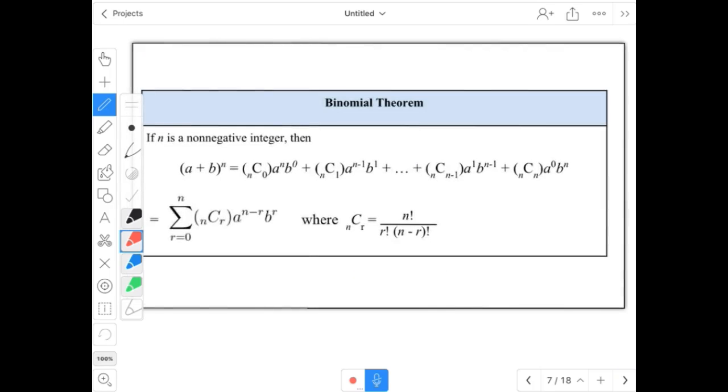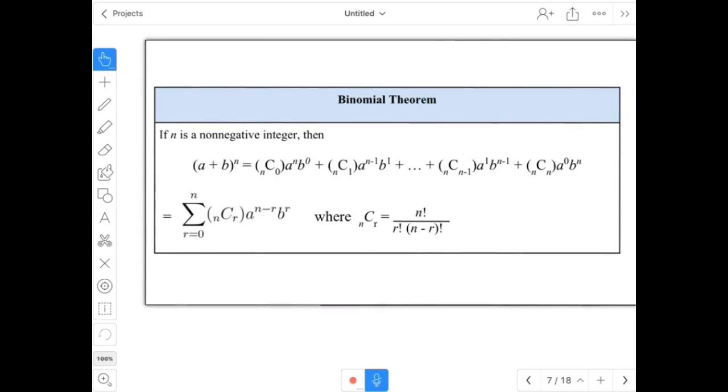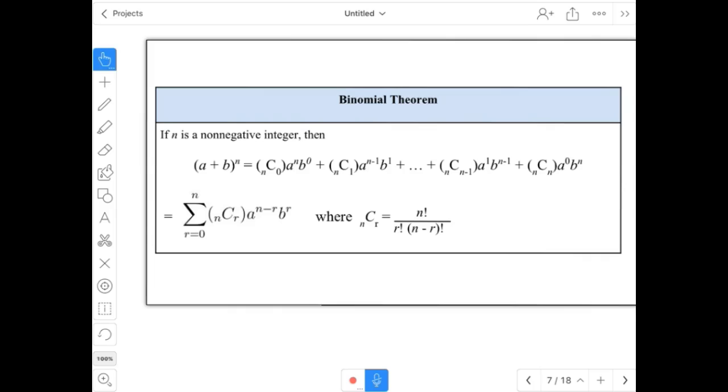So next, our actual binomial theorem. Like I said, I know this is kind of long, and this looks confusing. However, it's really not that bad. So it's essentially the same thing that we did in that pattern before. So this is just a plus b raised to any power.